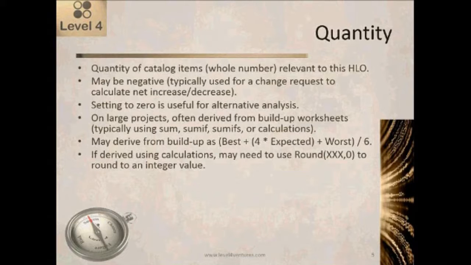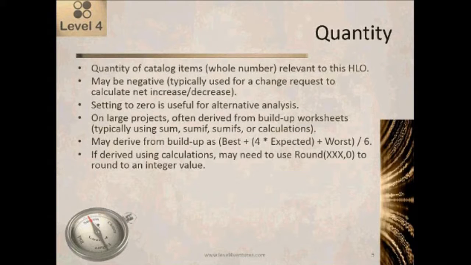When I'm doing the totals, the functions that are most commonly used are sum. In that case, it's obvious: I'm summing up the values in a column. Sum if. Sum if would be used in a situation where, for example, in the worksheet, we have pages and reports and interfaces and so on.